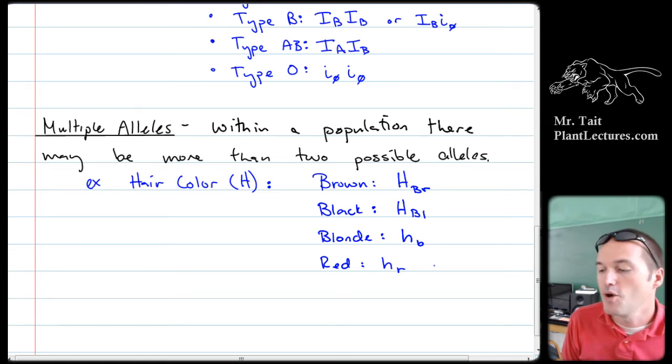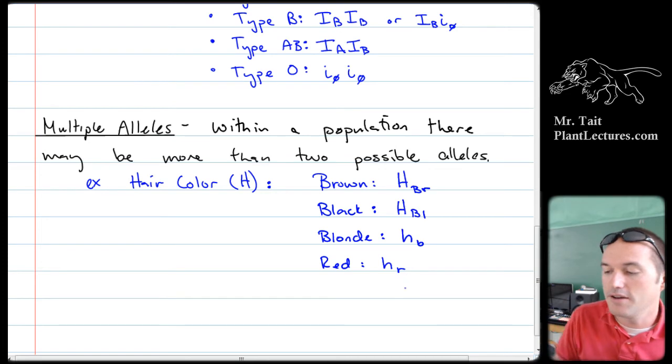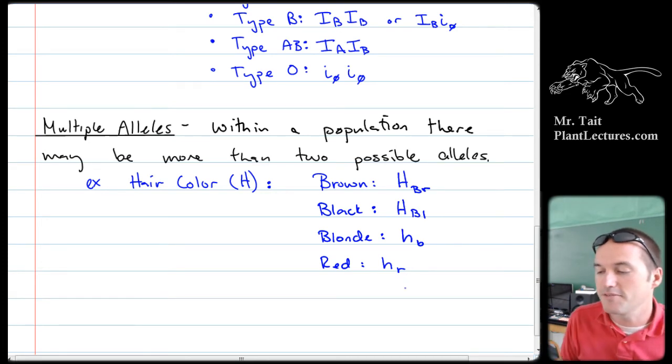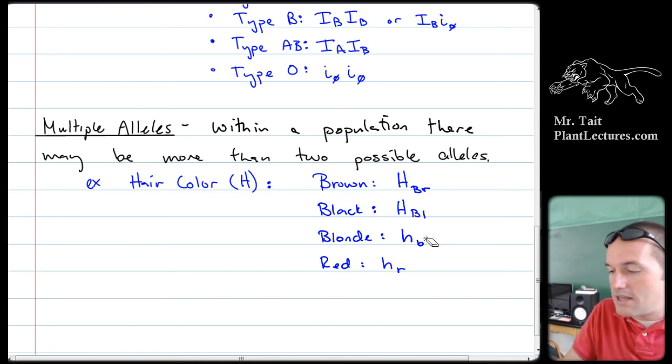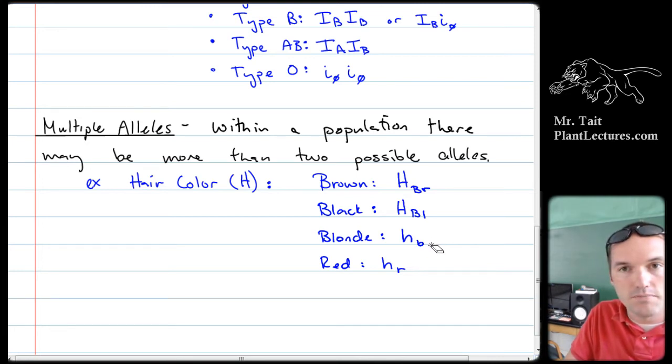Incomplete dominance. I guess that's pretty much all of them. That's all. Okay, so it matters, and you could also say that brown is dominant to red, but red is dominant to blonde.